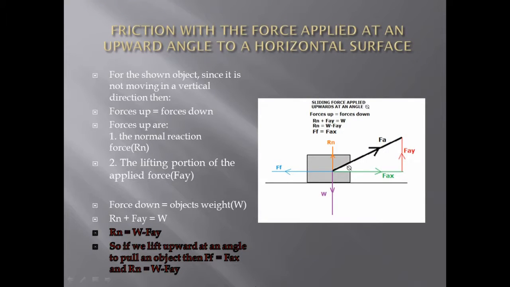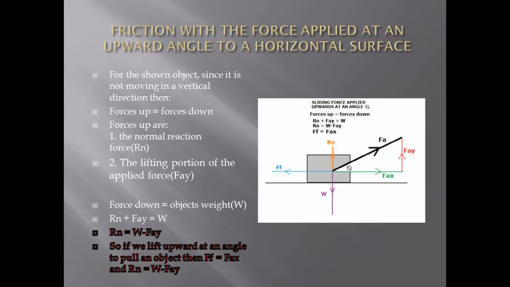For the shown object, since it is not moving in a vertical direction, then forces up equal forces down. Forces up are the normal reaction force, Rn, and the lifting portion of the applied force, Fay.